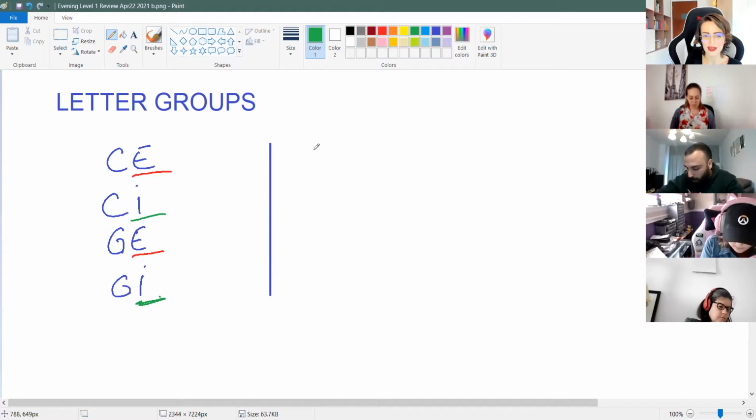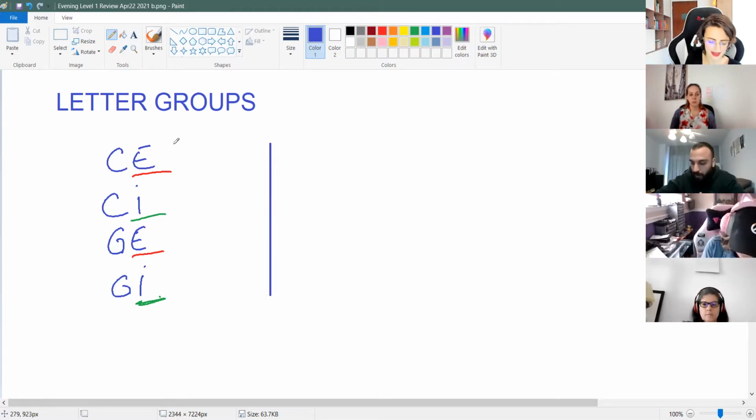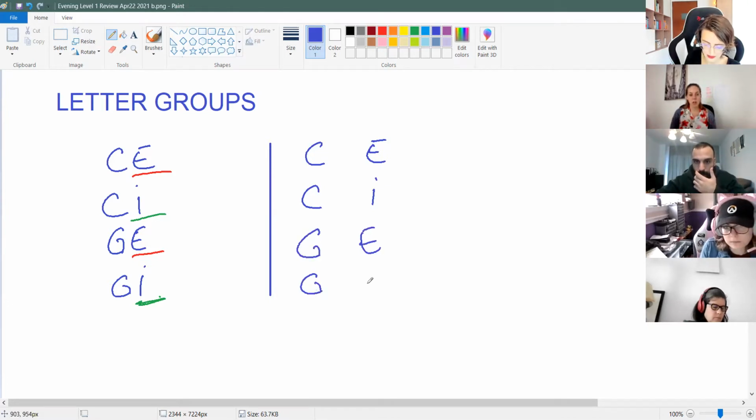And on the other side, we have groups made of 3 letters. What are those? Or how do we obtain those? What's the only difference? The h. Yeah, so we take all of these and we add an h in between. So we take ce, we take ci, we take ge, and we take gi, and then we add an h.